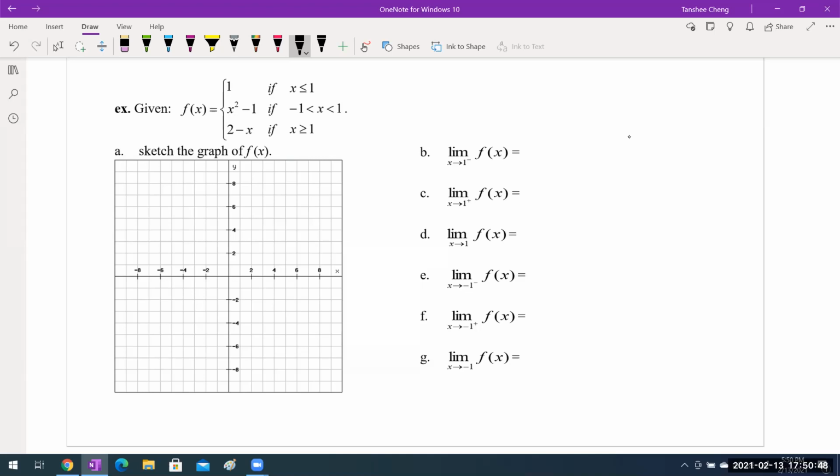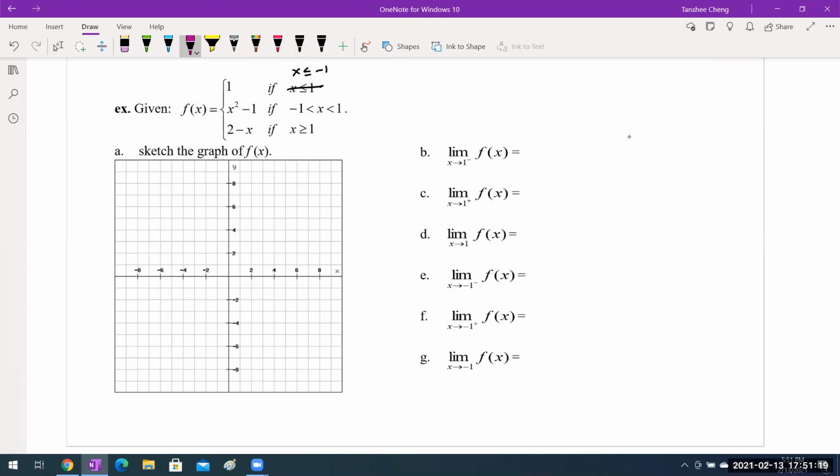I meant to put x is less than or equal to -1. Make sure you change that. I forgot the negative sign right there. So -1. So it will be a constant when x is less than or equal to -1. The constant is a horizontal line, so therefore, we will be getting a graph right here.